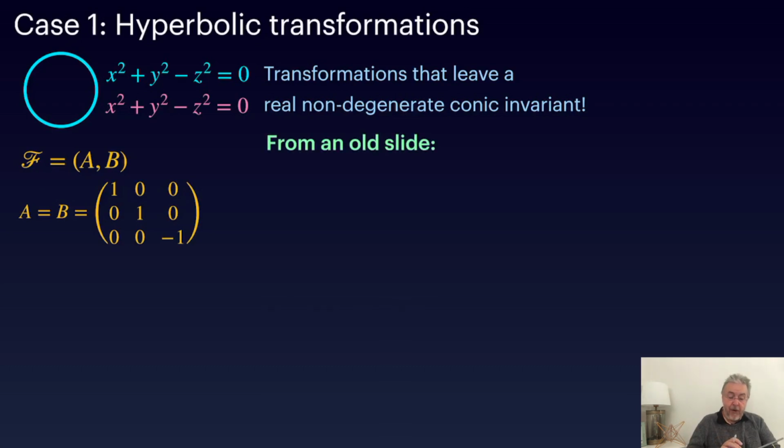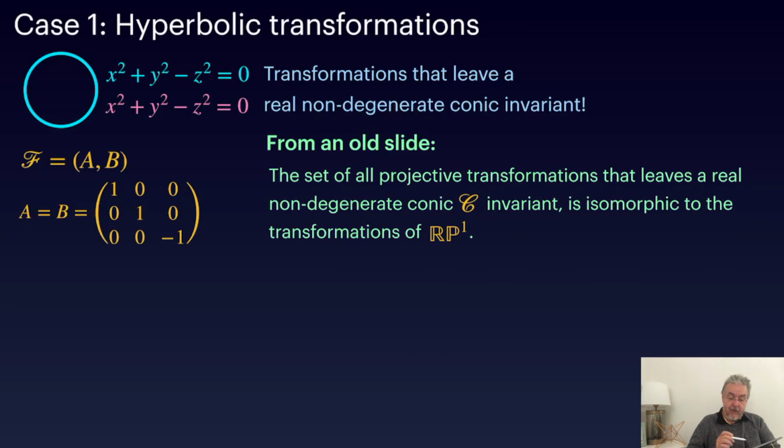In one of our earlier lectures, we studied which transformations leave a real non-degenerate conic invariant, and we learned that the set of all projective transformations that leaves a real non-degenerate conic invariant is isomorphic to the transformations of RP1.